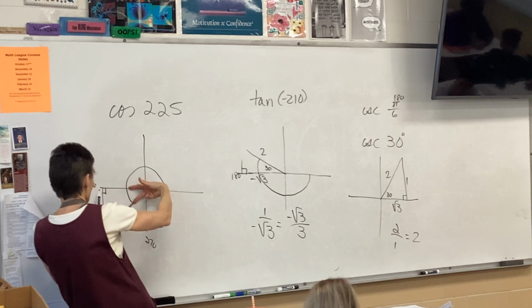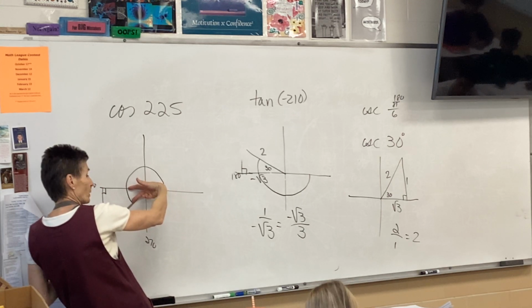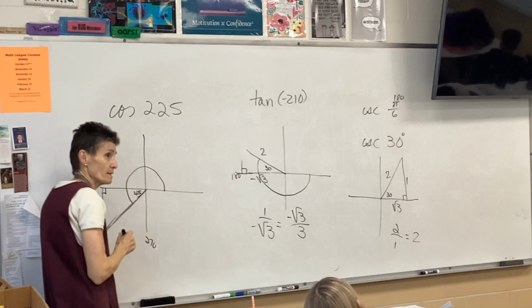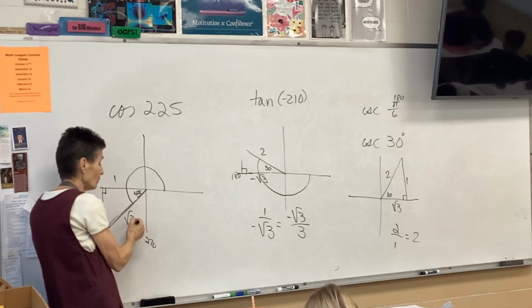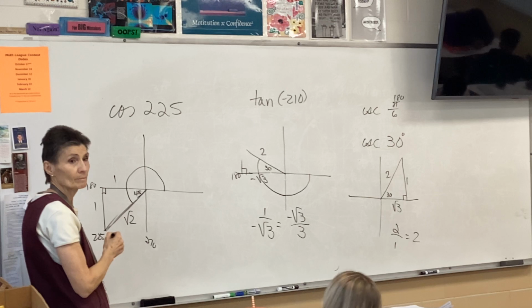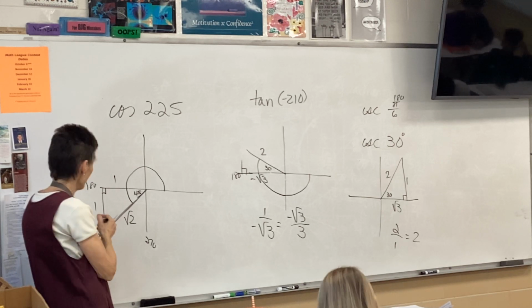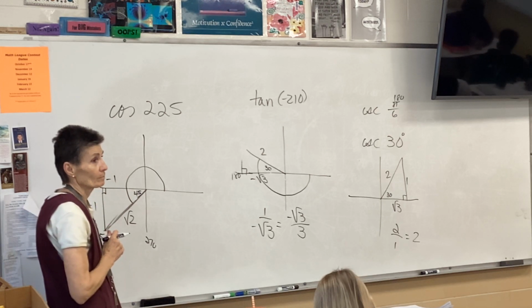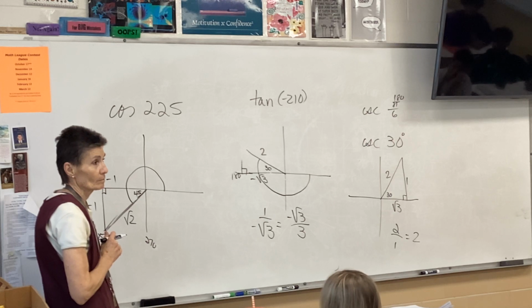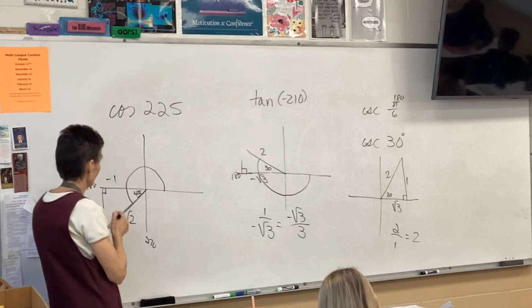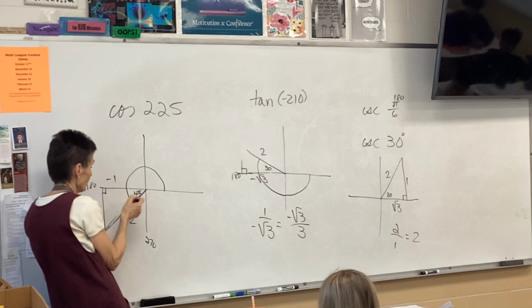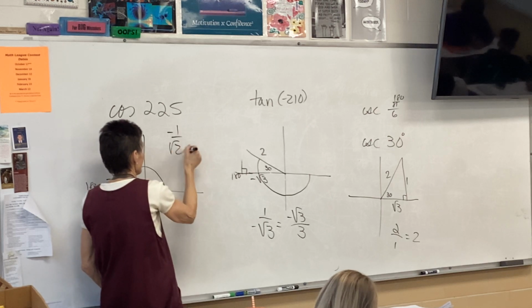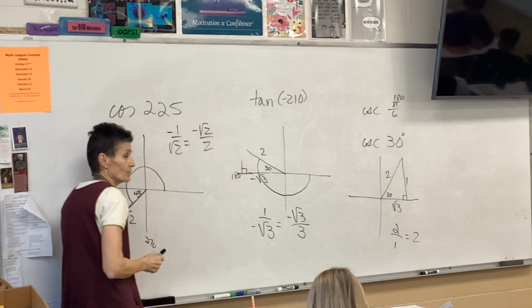So what's the angle in between here, in the triangle? 180 to 225 is 45. Which means my sides are 1, 1, root 2. And because I'm in quadrant 3, those are both negative. Cosine, adjacent over hypotenuse, or x over r. Either way, it's negative 1 over root 2, negative root 2 over 2.